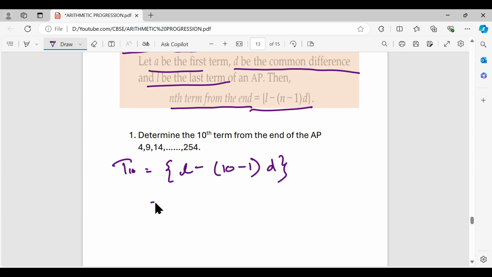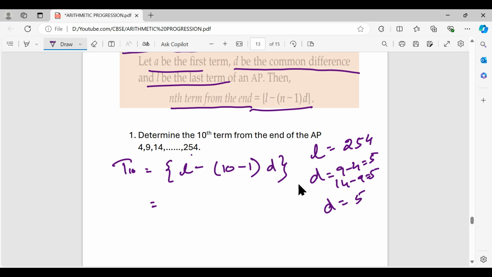The last term is 254 and your d is 9 minus 4, that is 5, 14 minus 9, that is 5. So we can say d is nothing but 5.